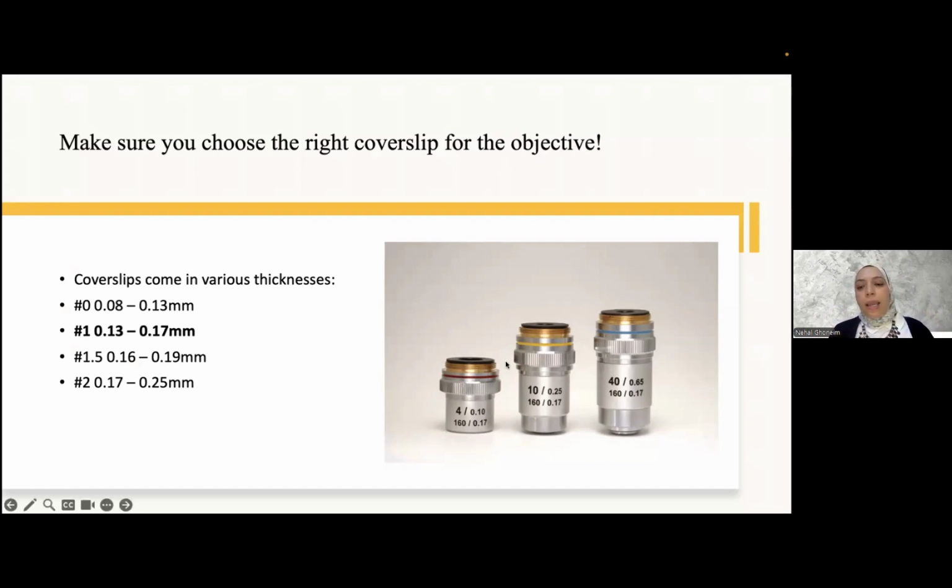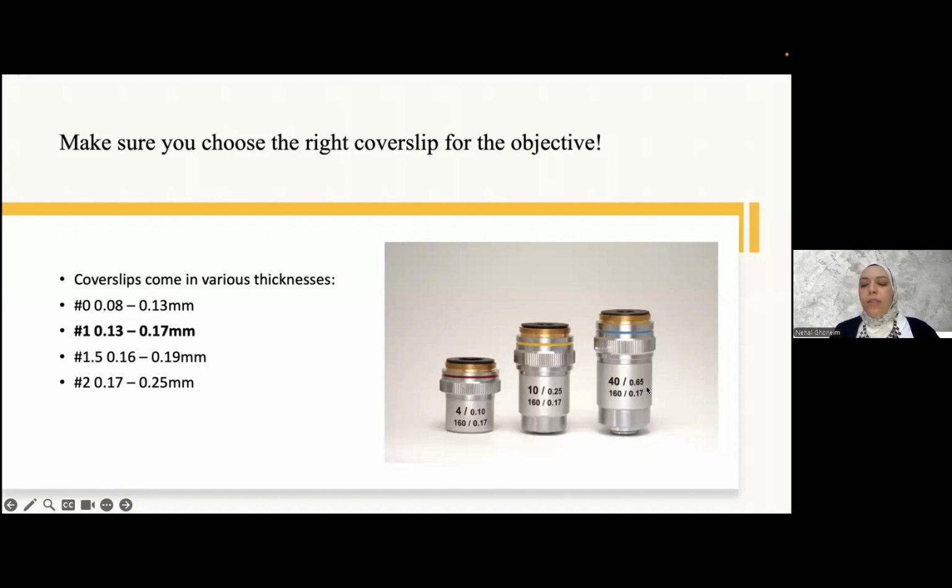So you should take care of the numbers on the objective lens, like the numerical aperture number and 0.17.